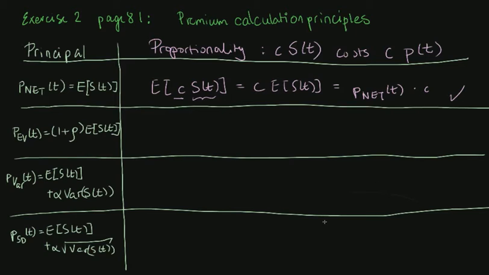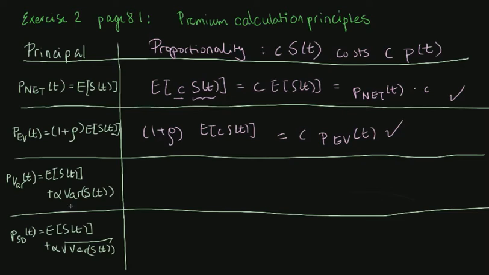So proportionality is satisfied here. In the expected value principle, the same thing happens more or less. I just have a 1 plus rho on top. So this is pretty simple. I can take the c outside, and proportionality is also satisfied in the expected value case.